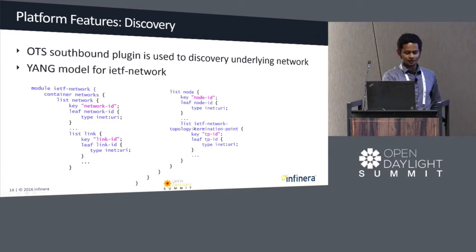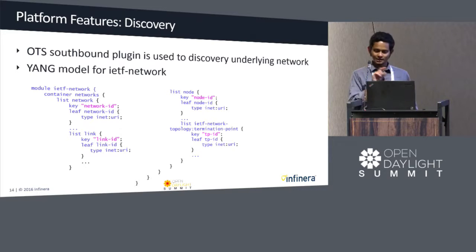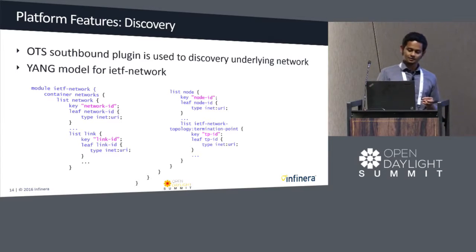Inside each node, you have a list of termination points. So if you looked at the network-topology module in OpenDaylight, it's kind of similar, but it has been expanded to have an external container called networks, so that you can actually get the whole list of networks here.